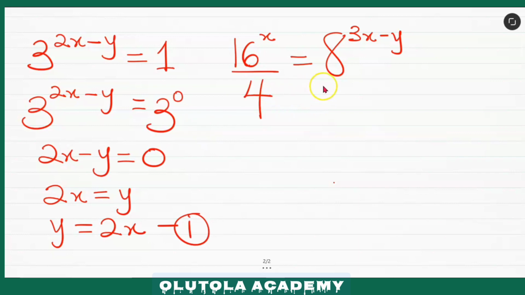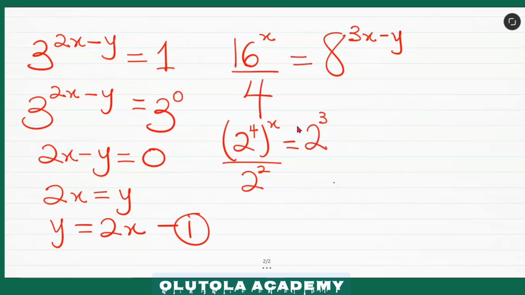16, 4, 8. Those are powers of 2. So I can write 16 raised to power x as 2 raised to power 4, 2 raised to power 4 raised to power x over 2 raised to power 2, then equals to 2 raised to power 3, that's 8, that's 8 into bracket 3 raised to power 3x minus y.